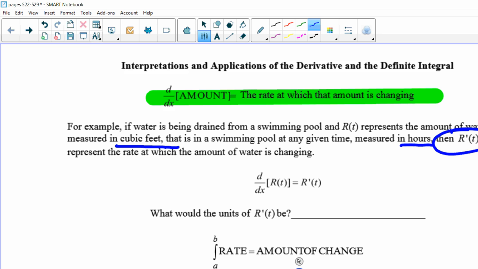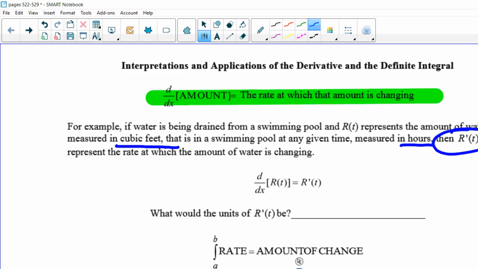Now, if water is being drained from the pool, what would you expect the derivative to be? Our unit is going to be cubic feet per hour.